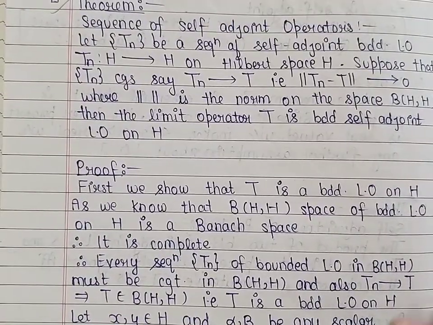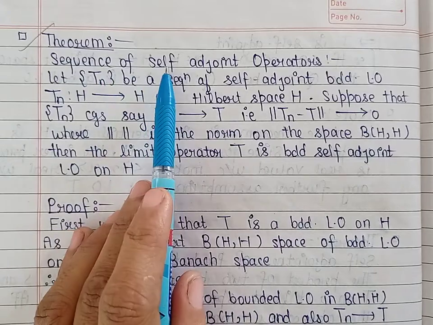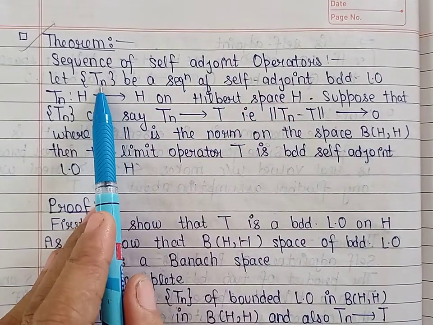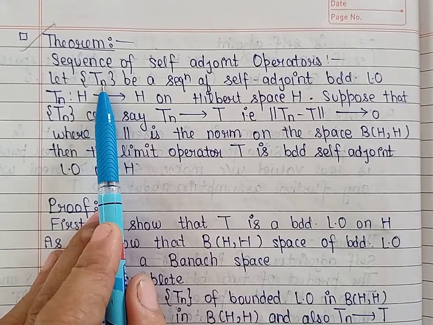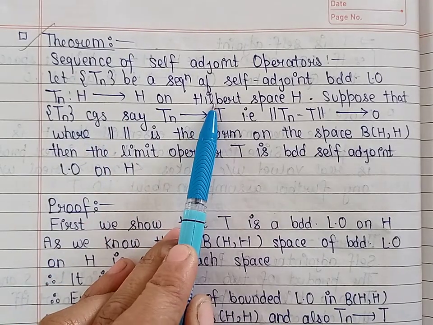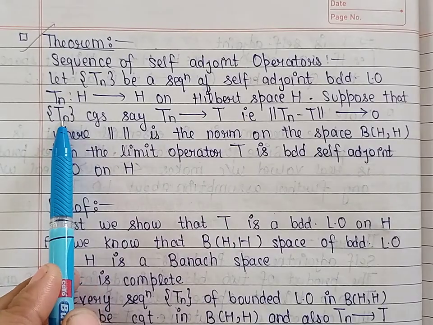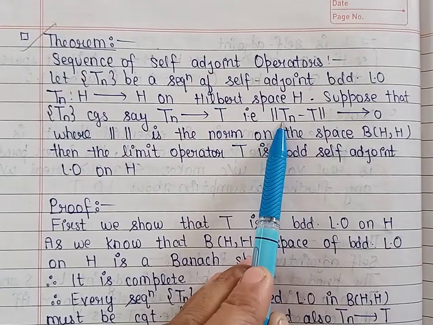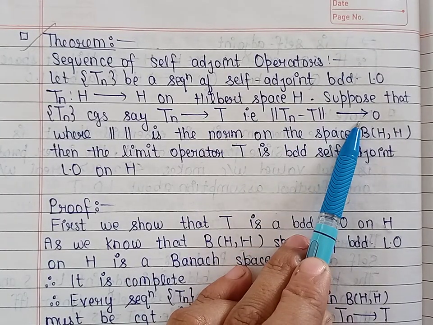Now the last property is the sequence of self-adjoint operators. If we have a sequence Tn of bounded linear self-adjoint operators on the Hilbert space H, and the sequence Tn converges to T, meaning the norm of Tn minus T approaches 0 as n approaches infinity.